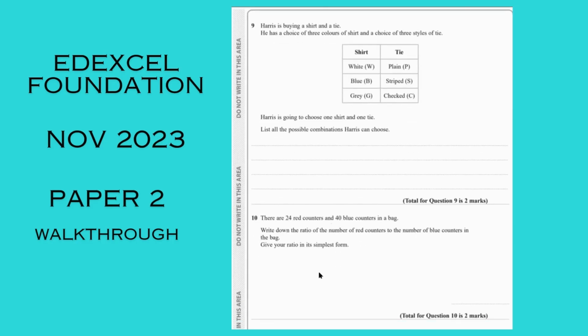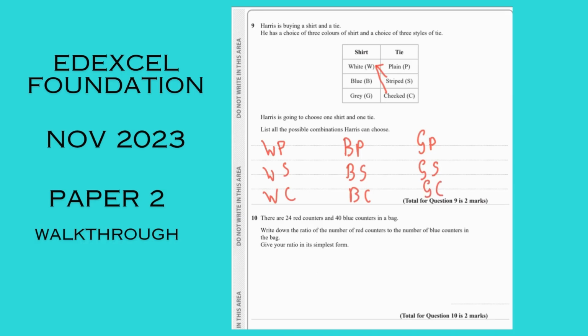Number 9, listing outcomes. Be systematic. So pair the white with each one. So WP, WS, WC. Then move on to blue: BP, BS, BC, GP, GS, and GC.